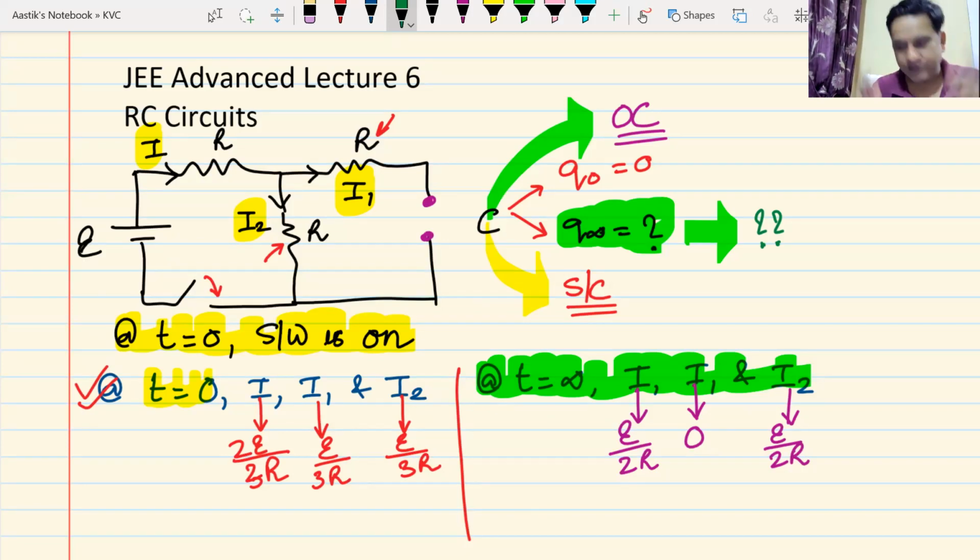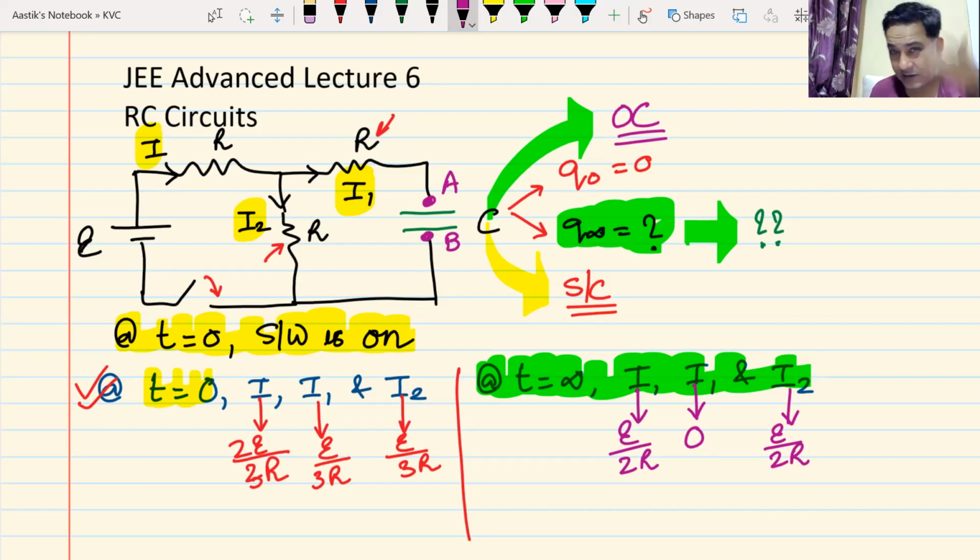If you remember these two things, what you got to do is this: actually the capacitor was connected here. Yes or no? Now to find the charge on the capacitor, simply find out the potential difference between points A and B, which are the plates of the capacitor. Yes or no? Yes, sir.